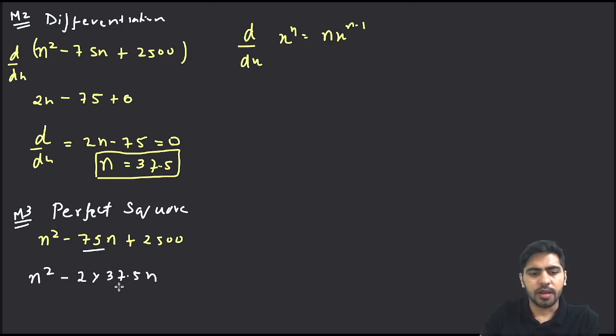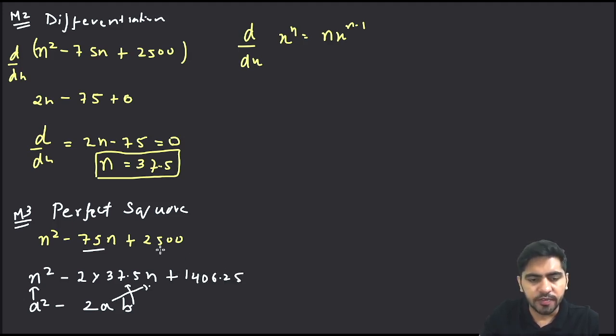If I compare it with a square minus 2ab, a corresponds to n, and b corresponds to 37.5, then there should be a b square. So I need a plus 37.5 square, which is nothing but 1406.25.